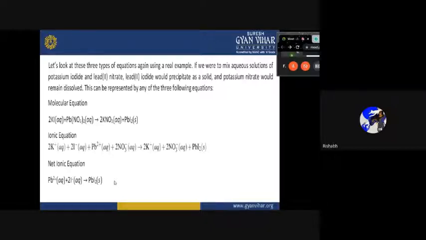So the lead 2 plus cation in the aqueous state plus 2 iodide ions in the aqueous state are reacting and forming a new compound, lead iodide, in the solid state. So these are the three types of representation of your ionic reaction.